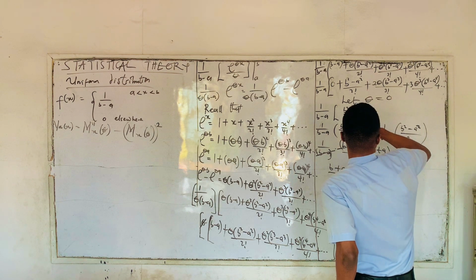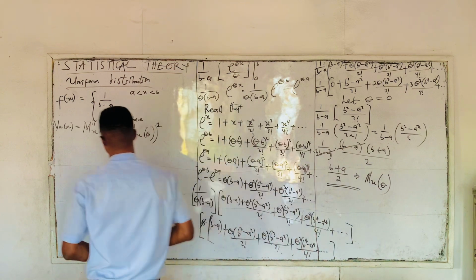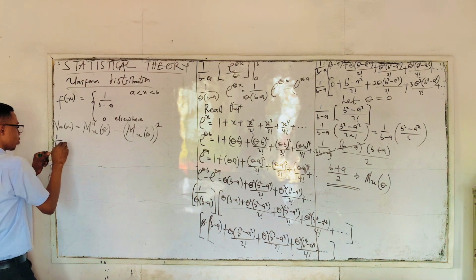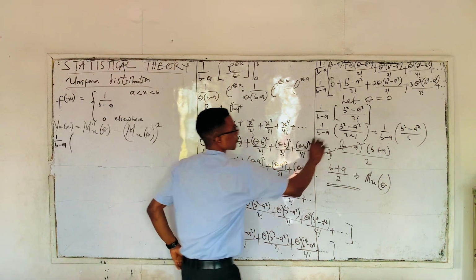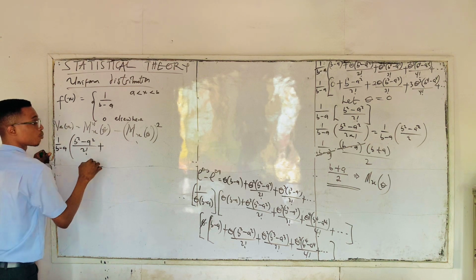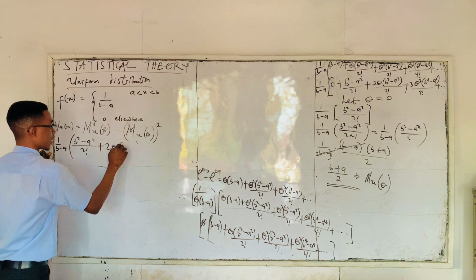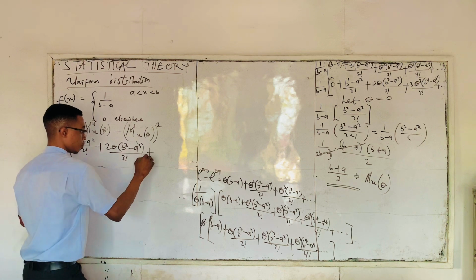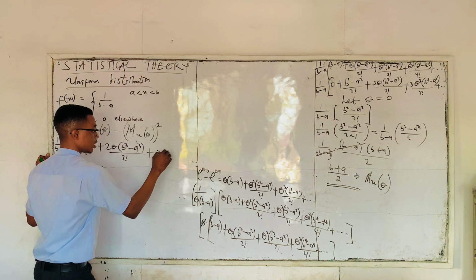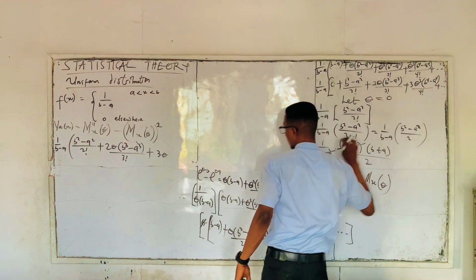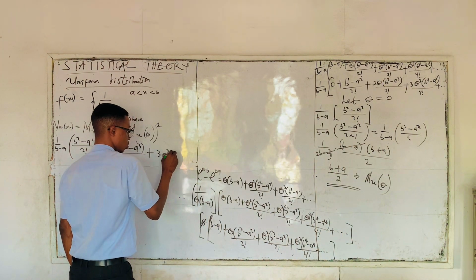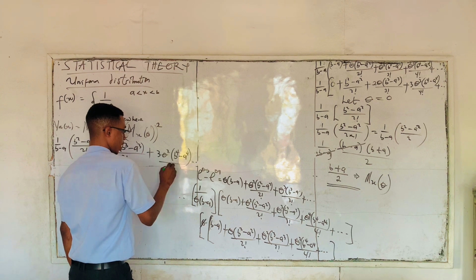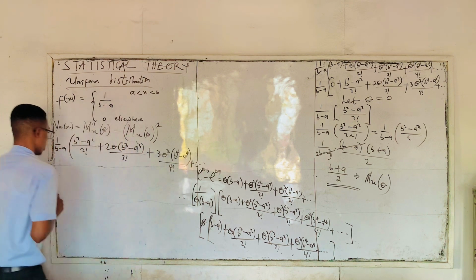Now, if we differentiate this, what we have there is 1 over b minus a into brackets, I mean this, a squared over 2 factorial plus 2 theta into brackets b cube minus a cube over 3 factorial plus 3 theta squared into brackets b raised to the power 4 minus a raised to the power 4 over 4 factorial plus all till infinity.